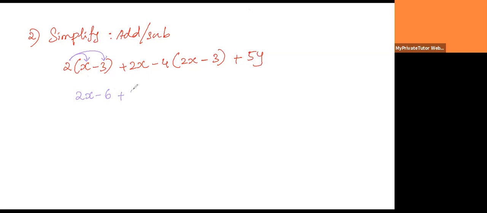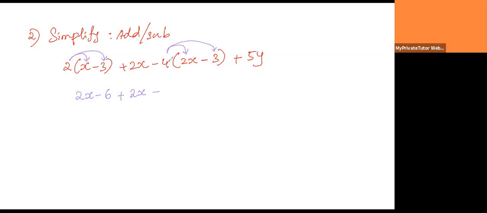Then we have one more 2x here. Then distribute minus 4 here. Since we have a negative number here, please distribute carefully, because we are going to multiply by minus 4 here.